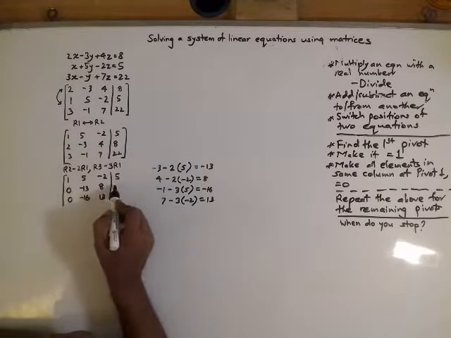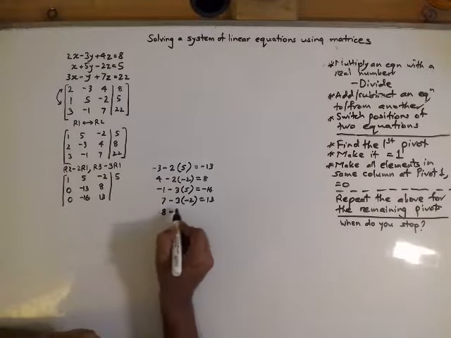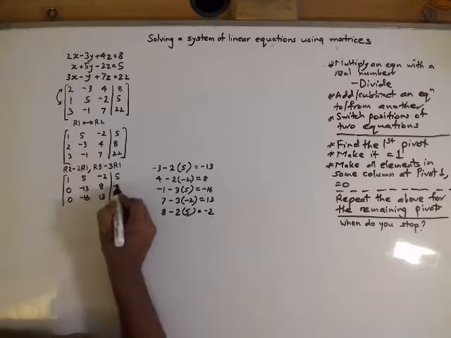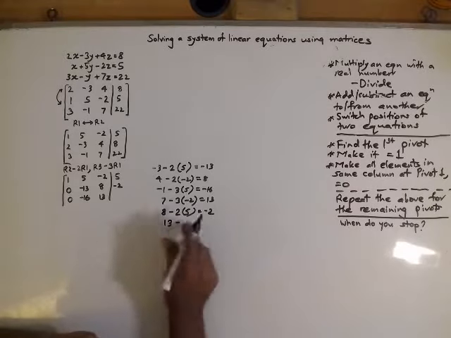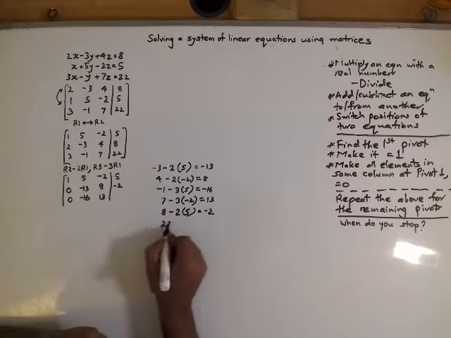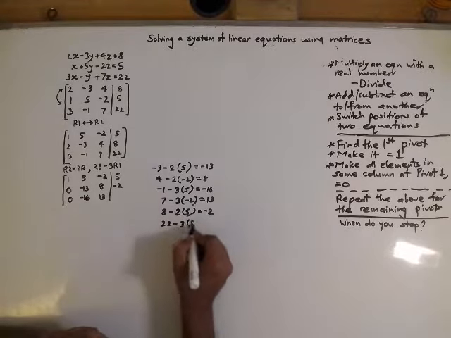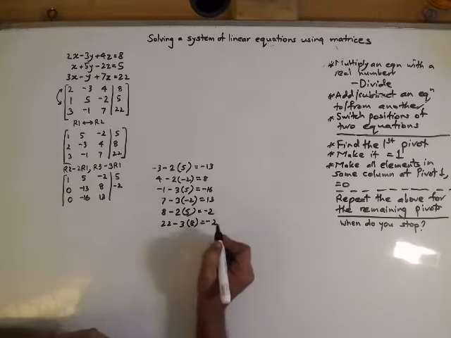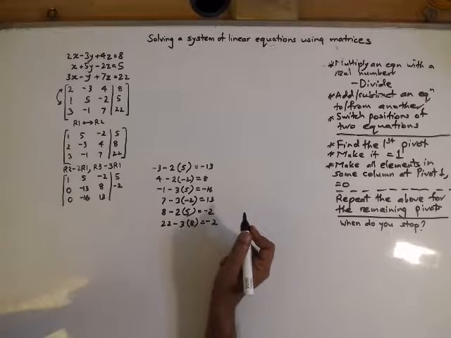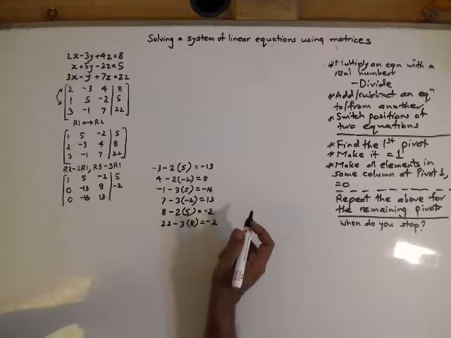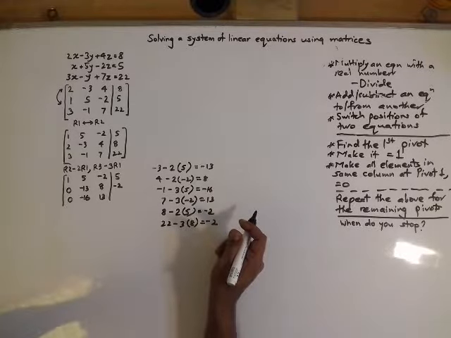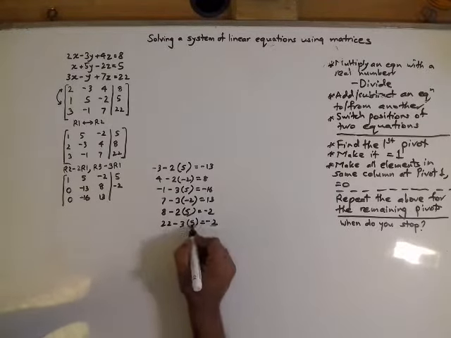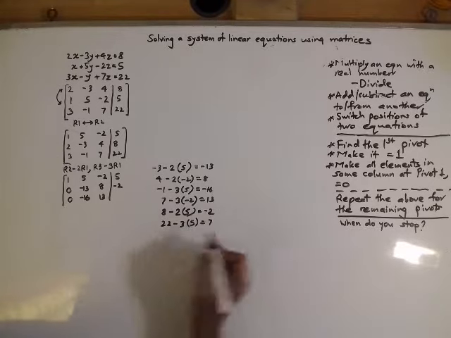Now I should have calculated this earlier. So this is 8 minus 2 times of 5, which is equal to minus 2. And 22 minus 3 times of 5 gives me 7.